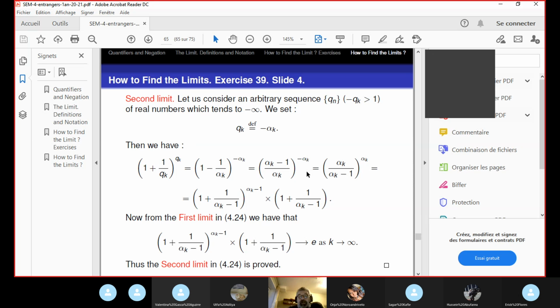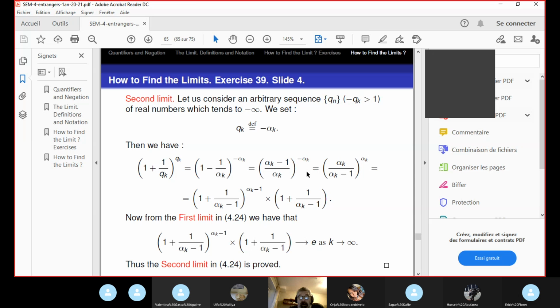So we have as the base the sum of two positive numbers, and it is multiplied by 1 plus 1 over alpha k minus 1, so it is also the sum of two positive numbers.